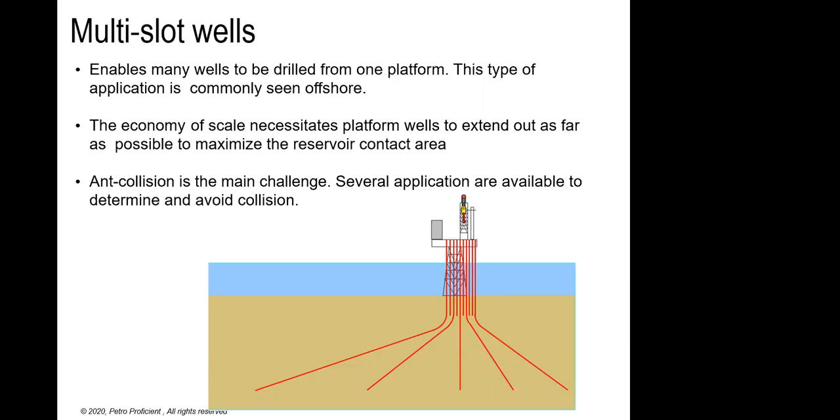Now directional drilling becomes more complicated in such situations because there is an issue of collision. Collision meaning that if there is a minor error in your coordinate system or in your measurement, which we will talk about a little later today, then you can collide into another well. So in this kind of situation, you need to do anti-collision studies.